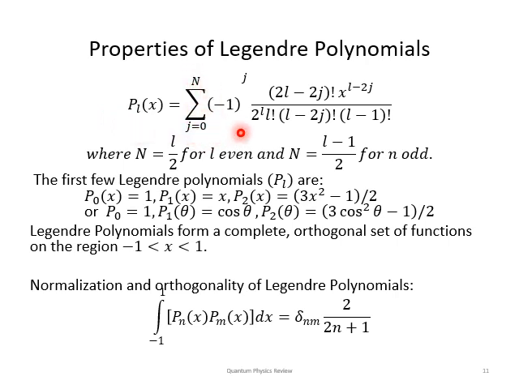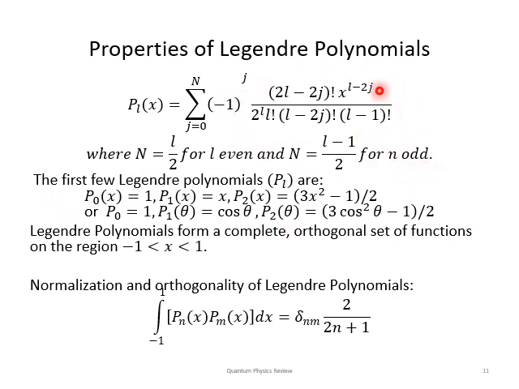And this power series terminates. It starts at j equal to 0 and goes up to L over 2 for an even L, and L minus 1 over 2 for odd L.